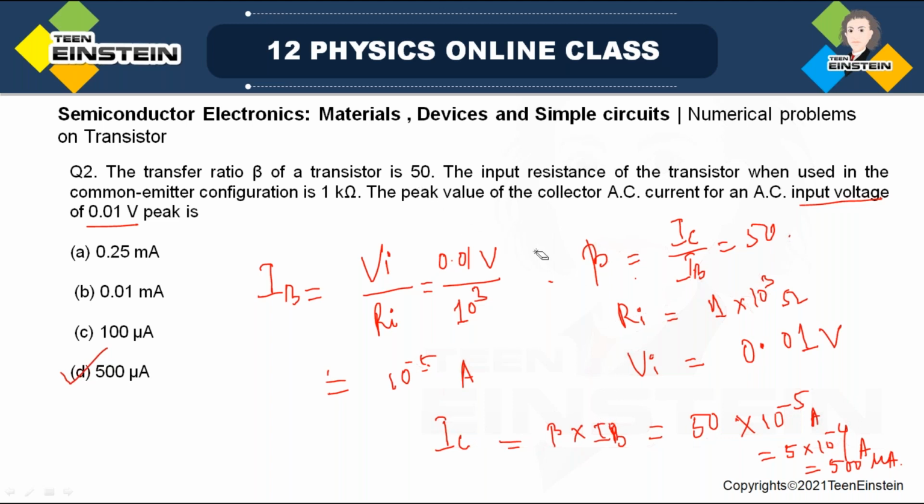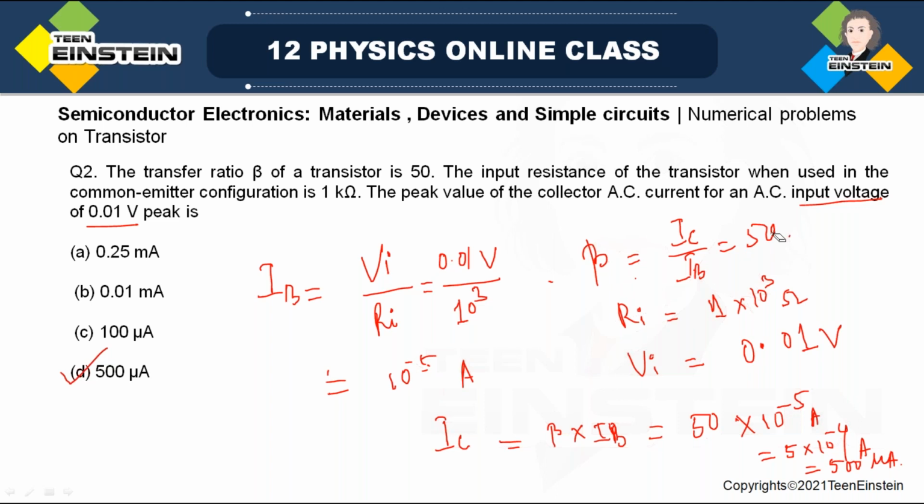So here beta was given, beta transfer ratio. This sentence is actually bewildering. You might be thinking, what is this transfer ratio? You should not think that too much. You should remember that beta means current gain. So then I can write this current gain IC by IB is equal to beta.